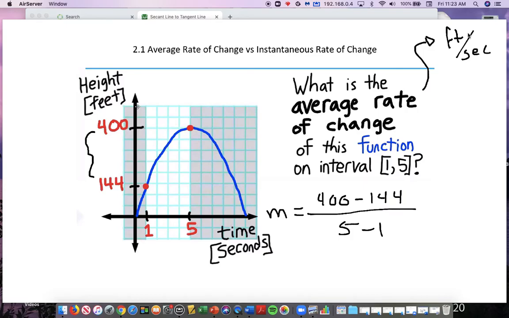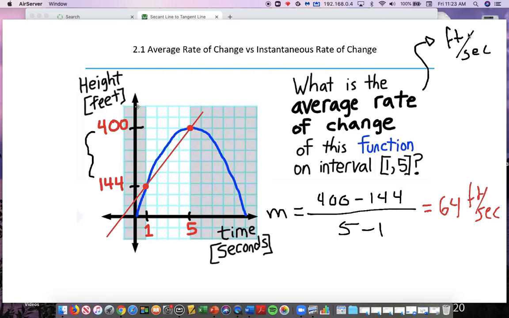And specifically, it's the slope of the line that goes in between these two points. If you did 400 minus 144 divided by 5 minus 1, I think that works out to be 64 feet per second. That would be the average rate.